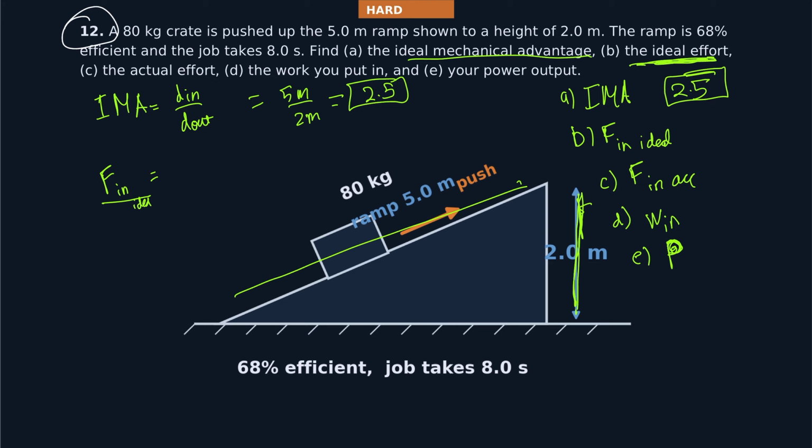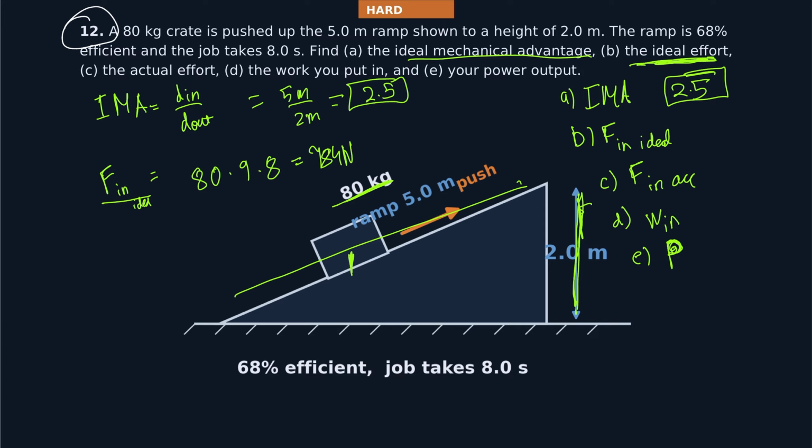What's the force? There's the force of gravity, which is going to be 80 times 9.8, and about 784 newtons. Okay?